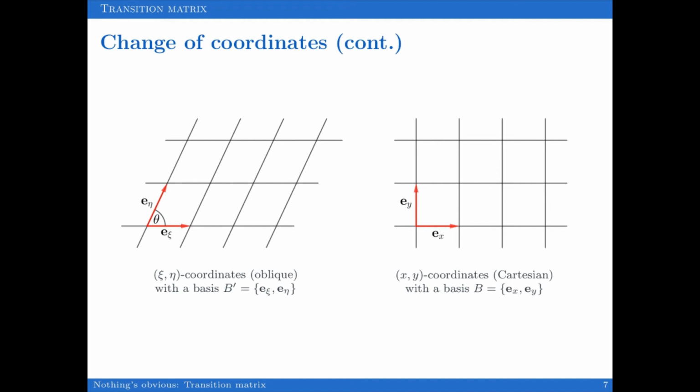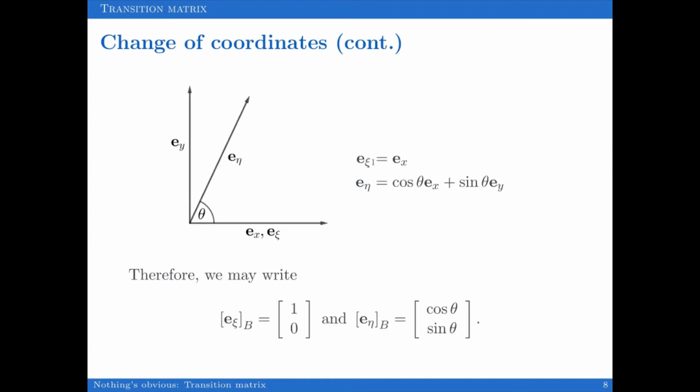And conversely, if we are now in the psi-eta coordinates, and we want to map these coordinates into the Cartesian one, we just follow a similar process by writing e_psi and e_eta in terms of the basis vectors of the xy coordinates.